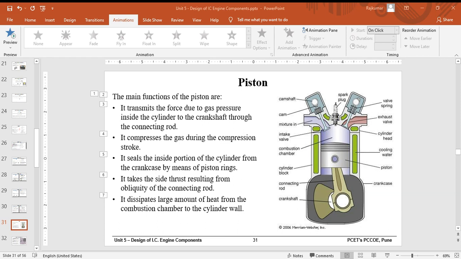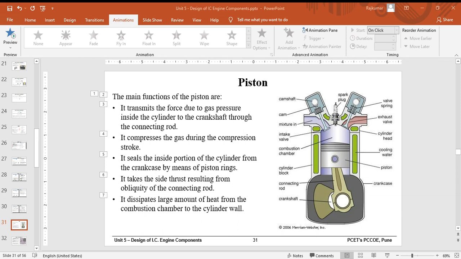So that critical thickness value needs to be identified, and for that we use this formula: tH is equal to H upon 12.56 k into (Tc minus Te) into 10 raised to 3, where capital H is the amount of heat conducted through the piston head, K is the thermal conductivity factor, Tc is the temperature at the center of the piston, and Te is the temperature at the edge of the piston.